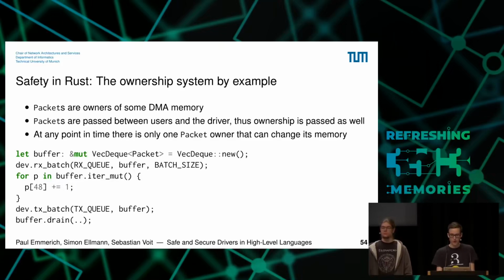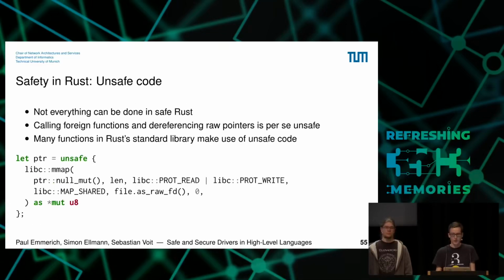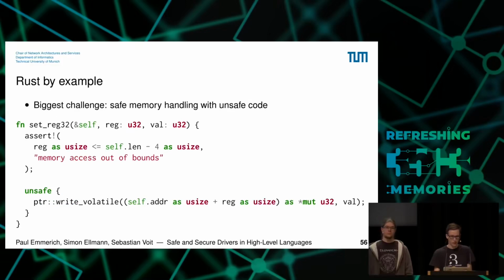But unfortunately, we also have unsafe code in our driver. What is unsafe code? Well, not everything can be done in safe Rust. For example, calling foreign functions and dereferencing raw pointers is unsafe, but this is nothing unusual. The idea is to reduce unsafe code to a few places and do some checks to make unsafe code safe. What does it look like in our driver?